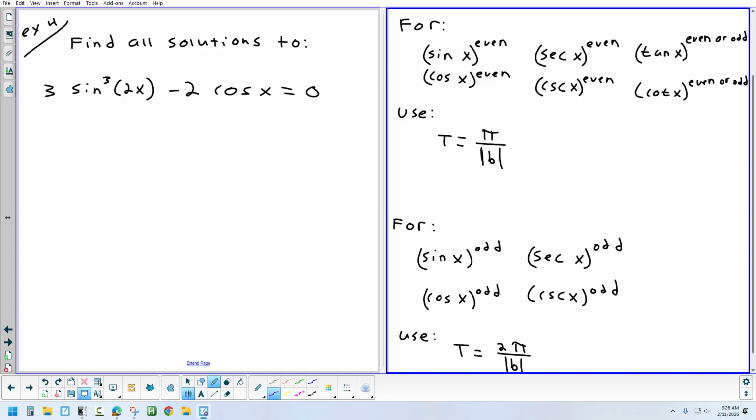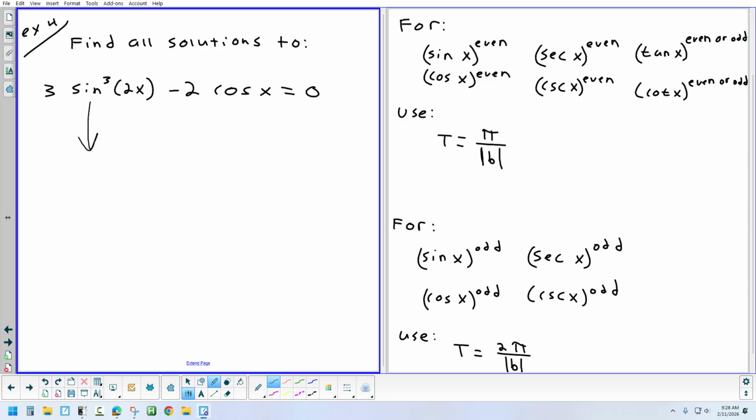Okay, let's start with sine cubed 2x. What is the formula to figure out the period of sine cubed? Just the formula, that's all I want. Nick? 2 pi over b.